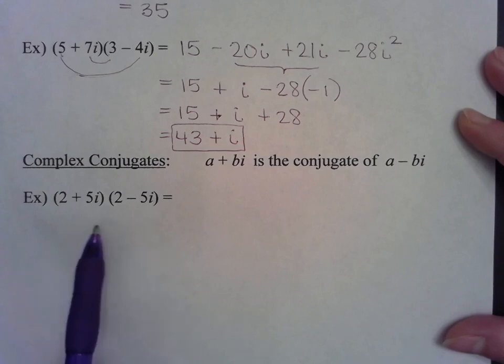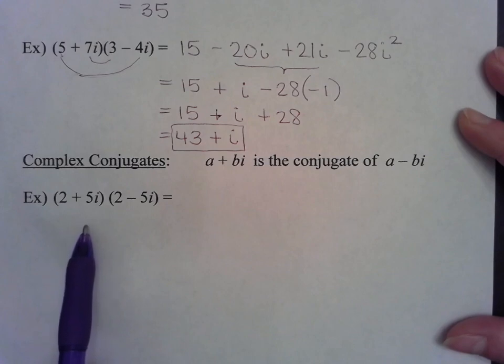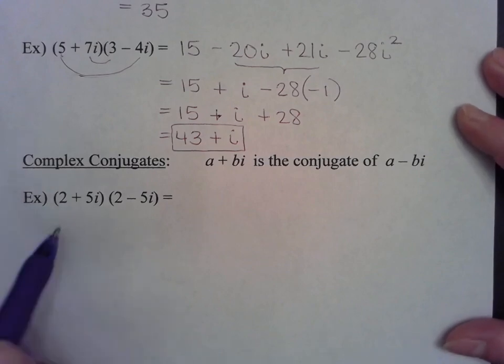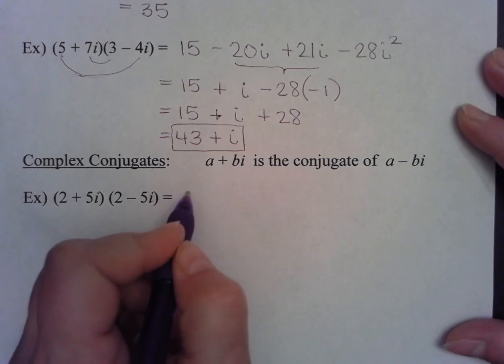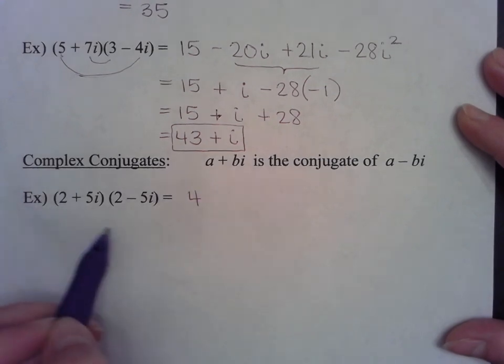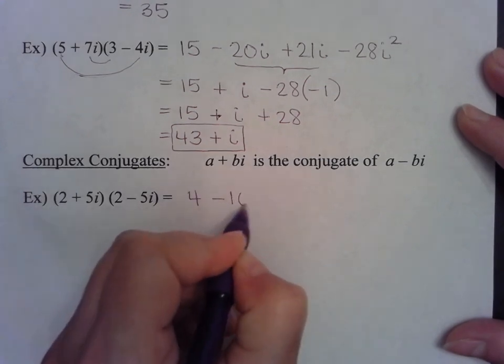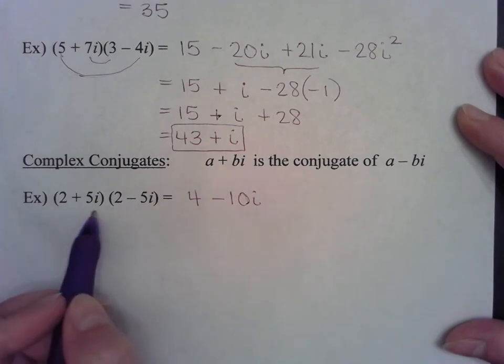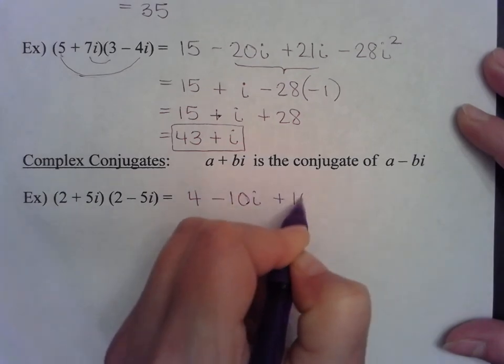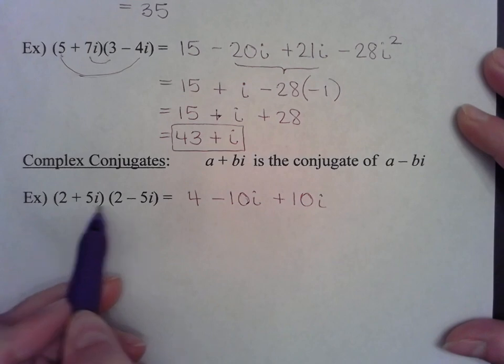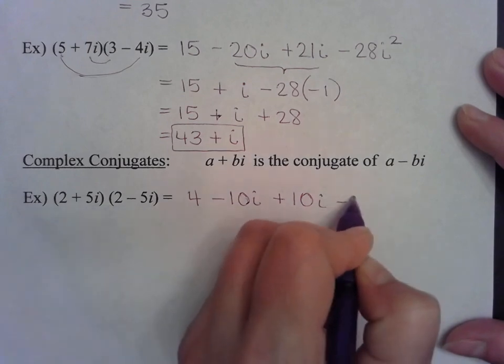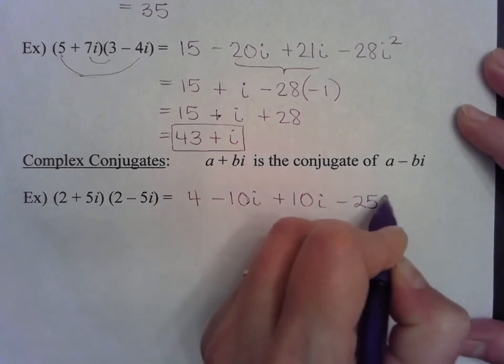So let's carry out that same FOIL process and see what that pattern is. If we FOIL these out, this will be 4. On the outside, I'll have minus 10i. On the inside, I'll have plus 10i. And then the last times the last will be minus 25i squared.